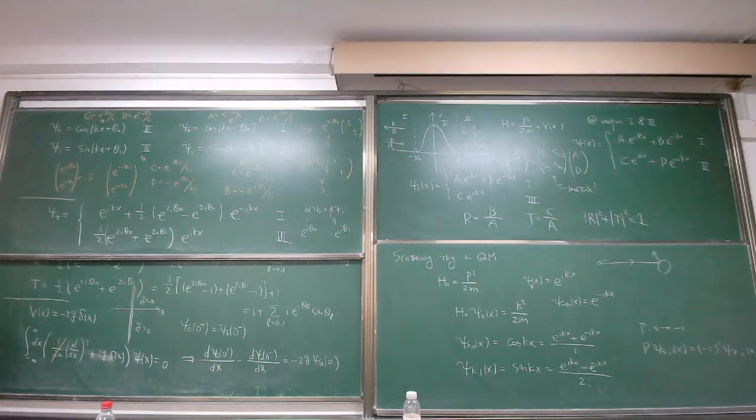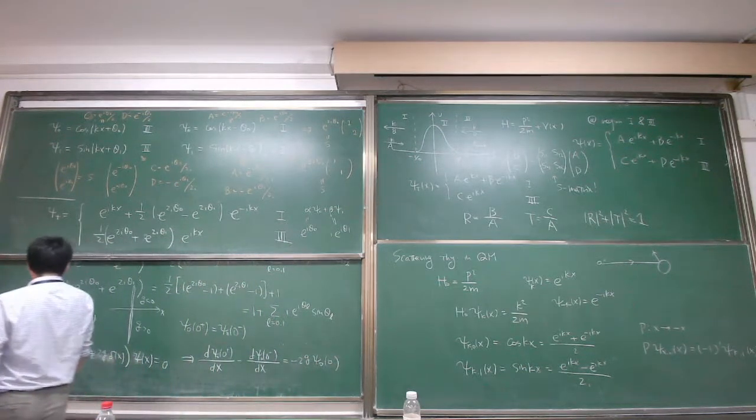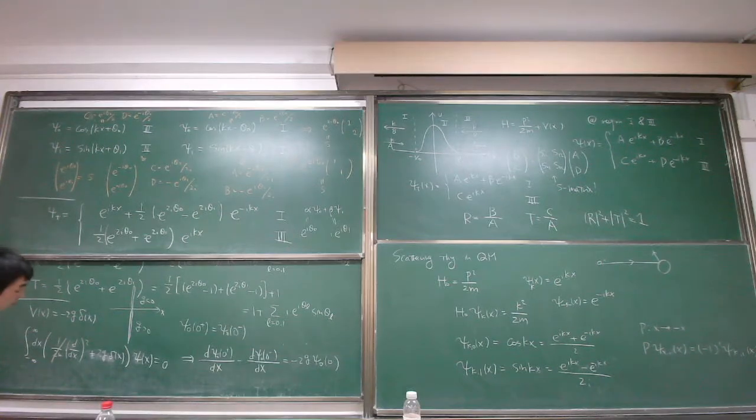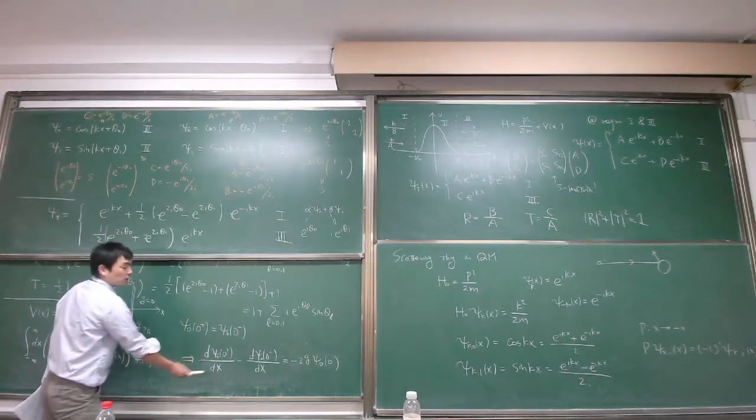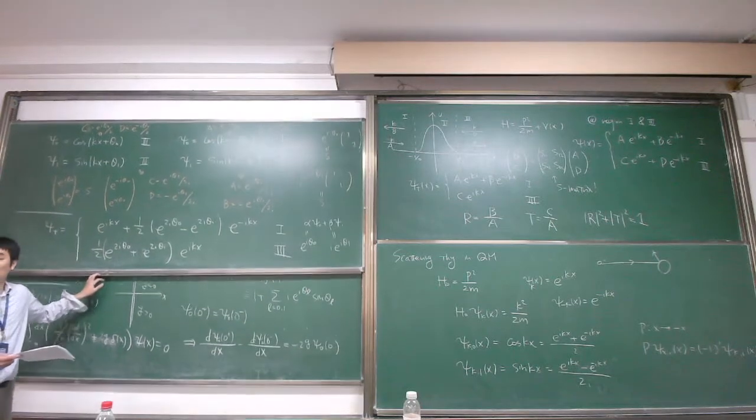So this integral will give you 2g times psi naught of 0. And this integral, from minus infinity to 0 plus and 0 minus to minus infinity, will therefore give you this factor. Do you agree?